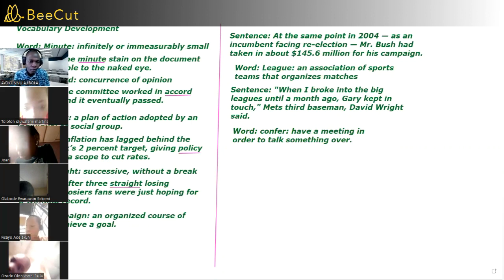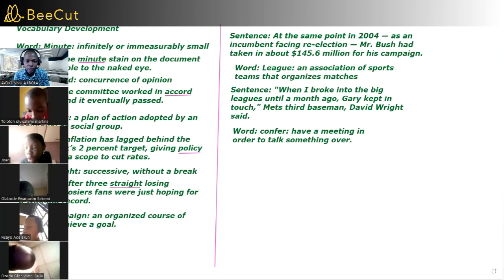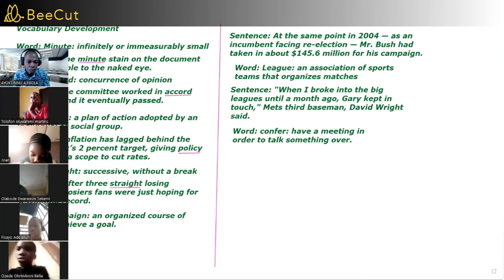So that's confer. Let's talk about this. Miss Stewart said Mrs. Bachman conferred with the family a few days after a disappointing show on Tuesday evening, and met with them. They had a meeting on this stuff. That is confer. So let's look at the sentence.